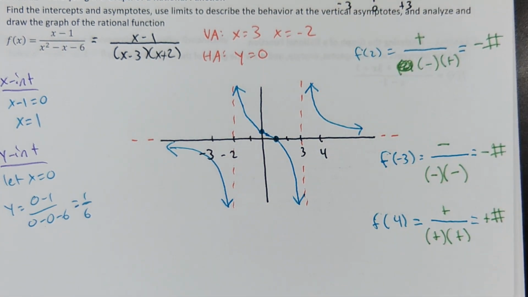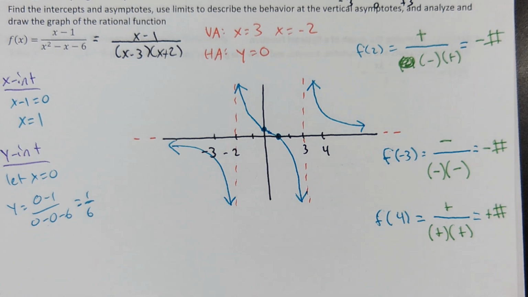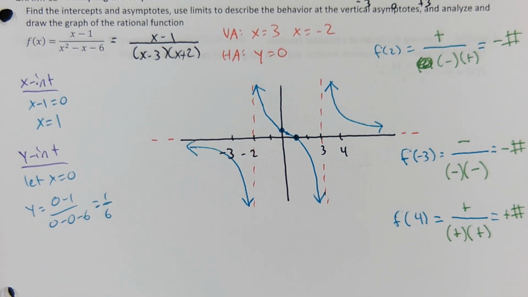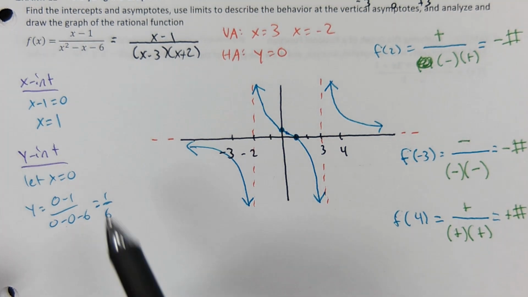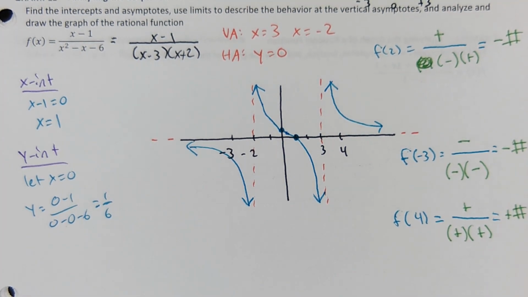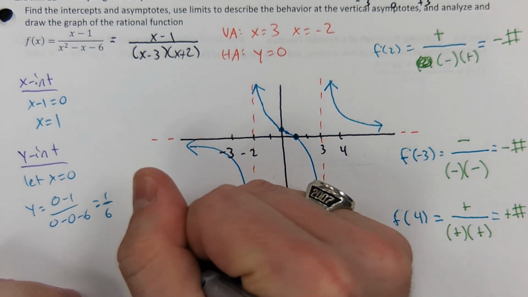The directions were to analyze the graph though. So we still have to do that. All right, let's do some analysis. We already know where its x-intercept and y-intercept is. We don't need to redo that. Where is it positive?